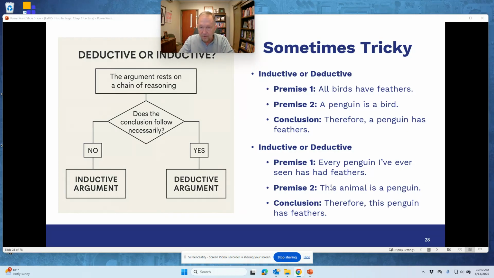We would probably agree on that, but whether this penguin that we're about to look at has feathers or not is not 100%. Maybe a pretty good probability, but it's not 100%. For the longest time, good example, for the longest time, Western Europeans thought all swans were white. You may think all swans are white. I thought all swans were white.